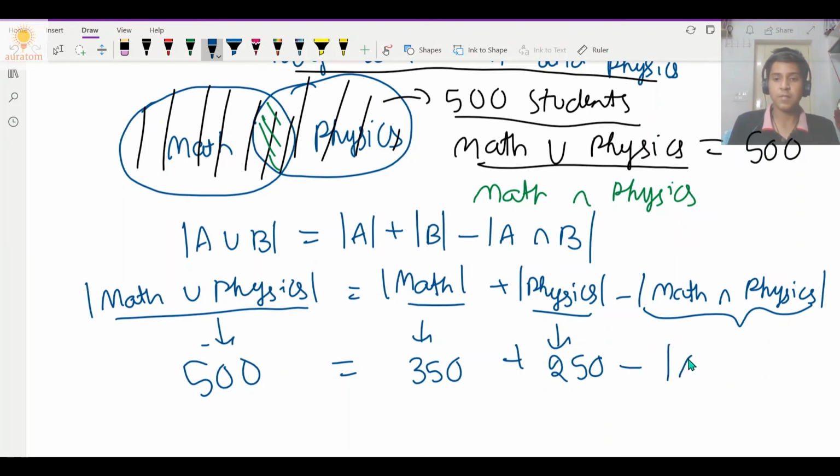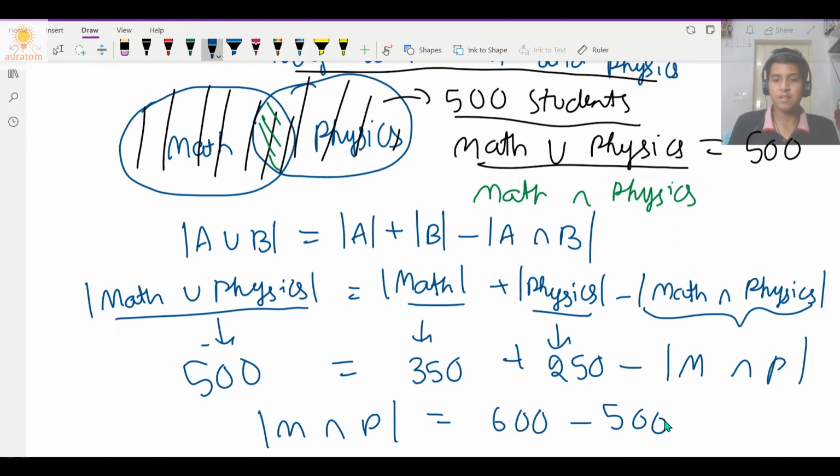Let me write it down, M and P for math and physics respectively. And if we shift this to this side and shift the 500 to the other side, then math intersection physics will be 350 plus 250, which is 600, minus 500, which is nothing but 100, right? So the number of students who are studying both math and physics, that is math intersection physics, is 100 students. That is the answer to this question.